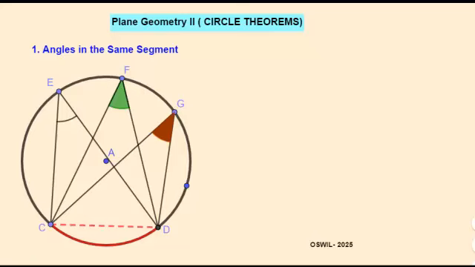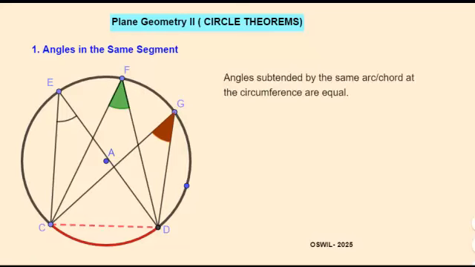Let's see what the property says. Angles subtended by the same arc or chord at the circumference are equal. So whenever you see angles at the circumference of a circle, find out if they are all on the same chord or they are all on the same arc.